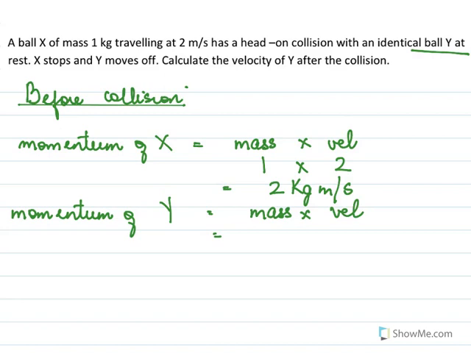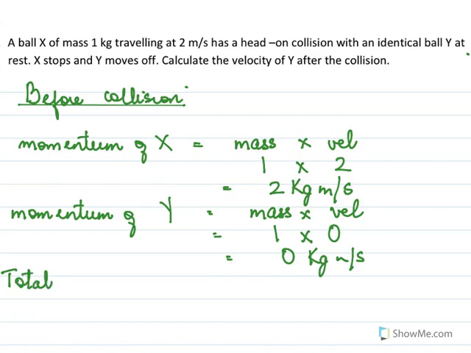Now the mass of Y is the same. They said it's identical. So the mass of Y will also be 1. And Y is at rest, which means velocity is 0. So momentum will be now 0 kg meter per second.